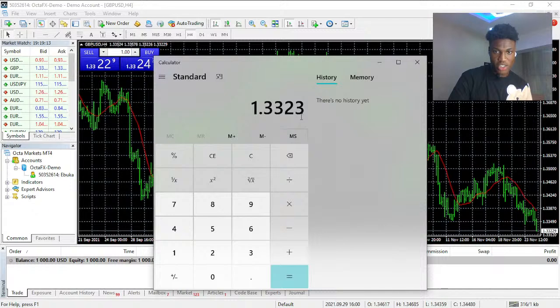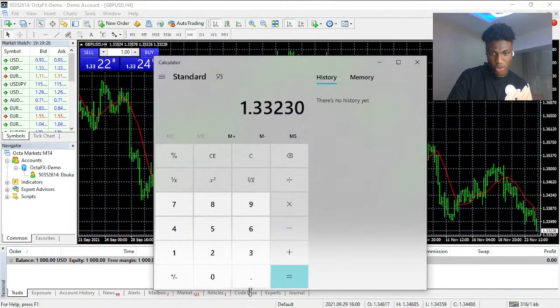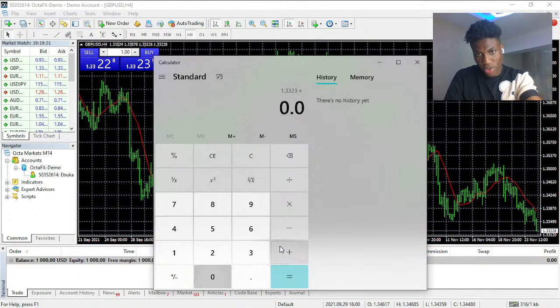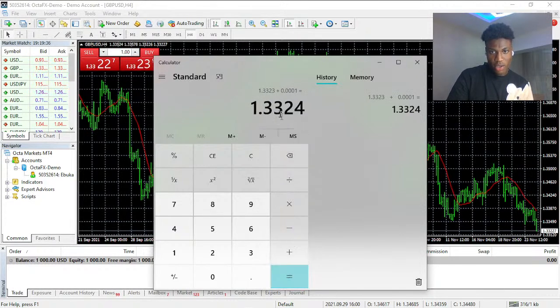We start from the 4th digit after the decimal point, right? For those of you that were in the last webinar, remember? So what is going to be the current value if GBP USD moves 1 pip to the upside? Simple, you add 0.0001, and this is going to be the value if GBP USD moves 1 pip to the upside. Now this 1 pip, if I am in this position on a standard lot, I would be profiting $10.